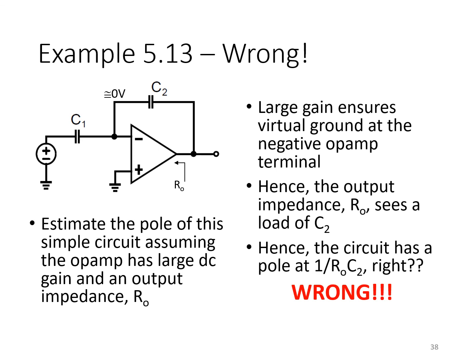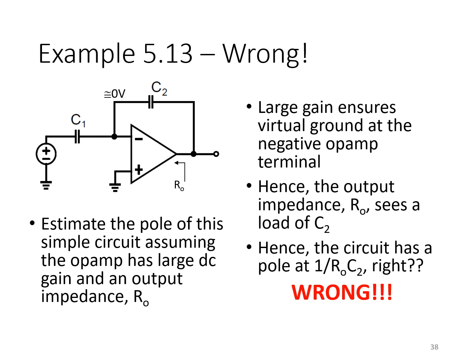So let's say you're faced with the same capacitive feedback inverting configuration shown here, and you wish to estimate the pole of this simple circuit, assuming the op-amp has a large DC gain and the op-amp itself has an output impedance RO. Let's say, for example, this is the Folded-Cascode OTA, and therefore RO is quite large.